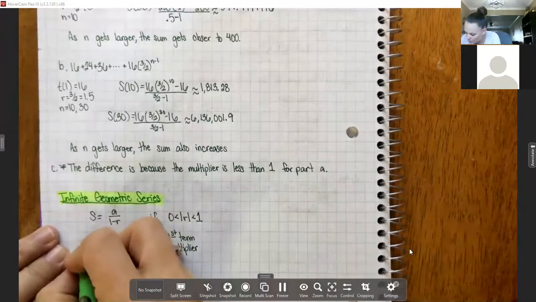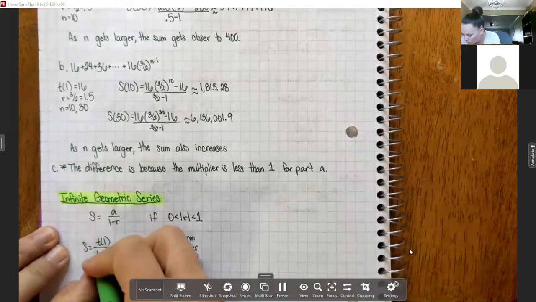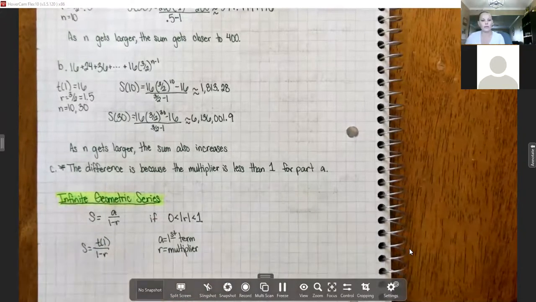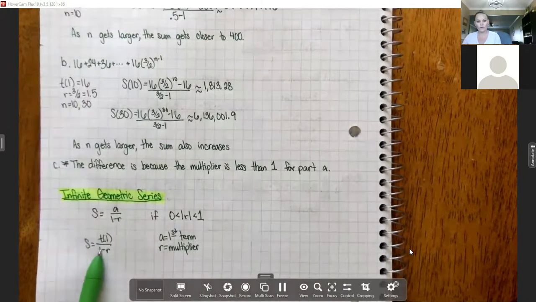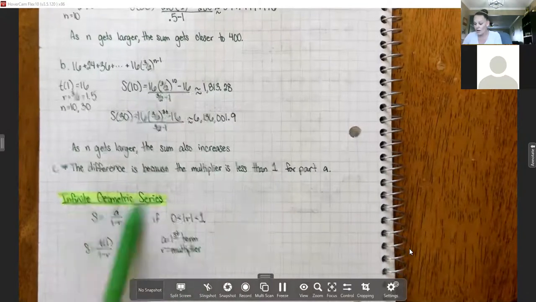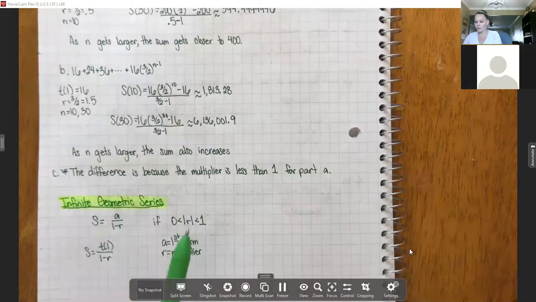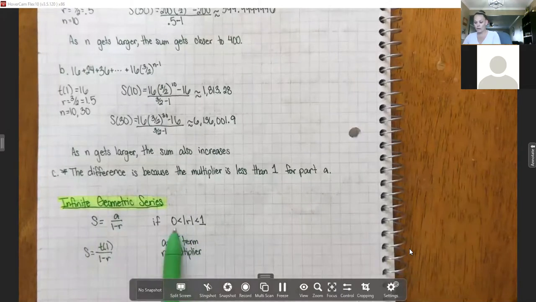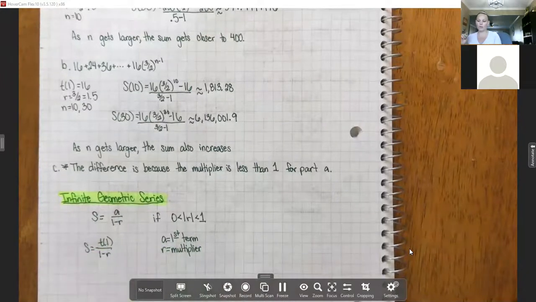So this could also be written as T of 1 over 1 minus R. That's the same thing. The book just uses A. Since we've been using T of 1, if you want to write it this way, that's fine. But again, for an infinite geometric series, so we're multiplying, if the absolute value of the multiplier is between 0 and 1, we can use this formula.